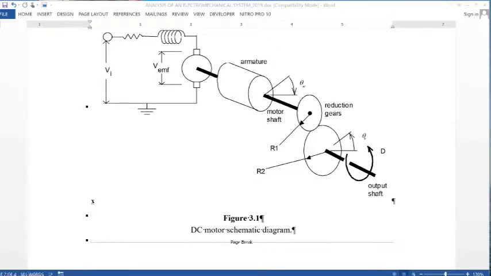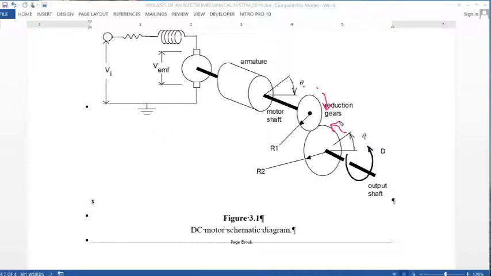You electrical engineers are not going to have to worry about these sorts of things too much. But what we see is that this one is moving in this direction, and when that one moves in that direction, this one moves in this direction, right?